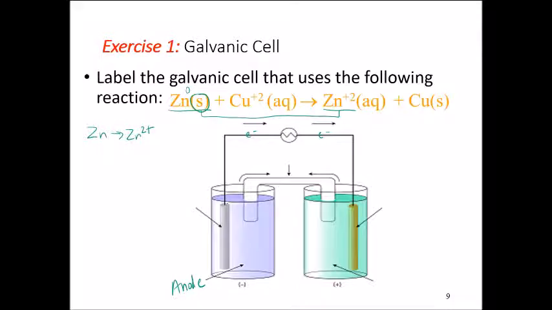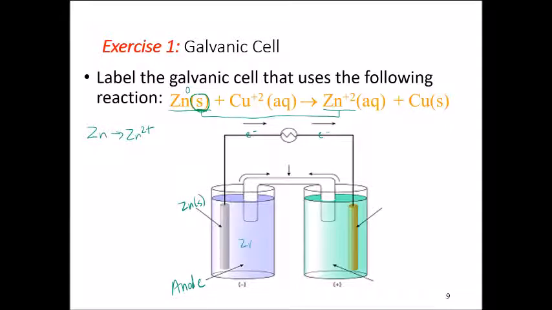Now this electrode here is a solid that's part of the reaction. So this is going to be zinc solid. This electrode actually is part of the reaction, and you're going to have solid zinc metal being the electrode here.